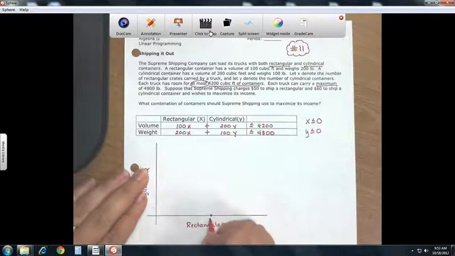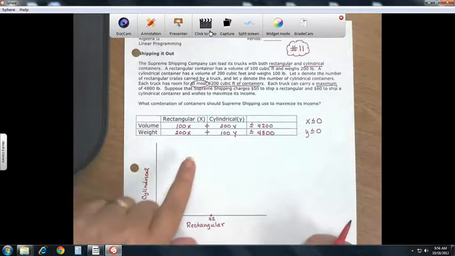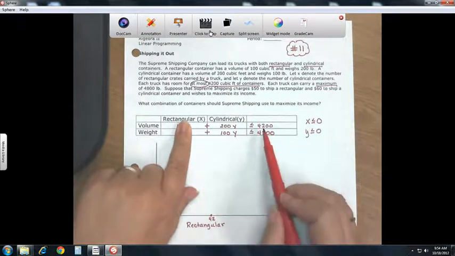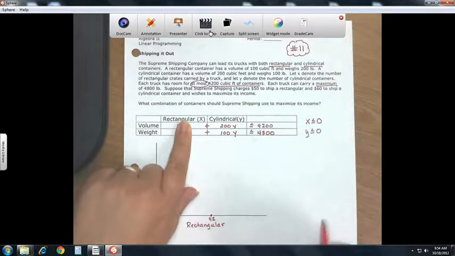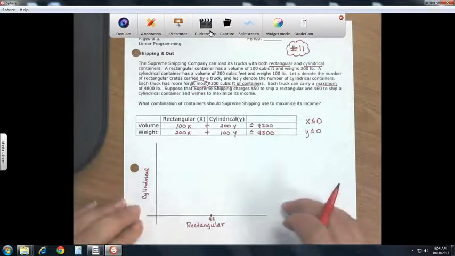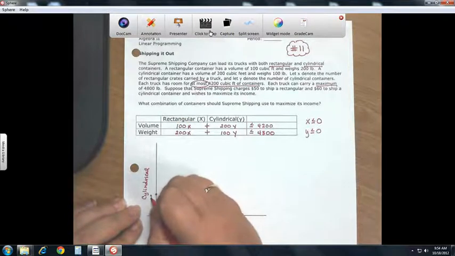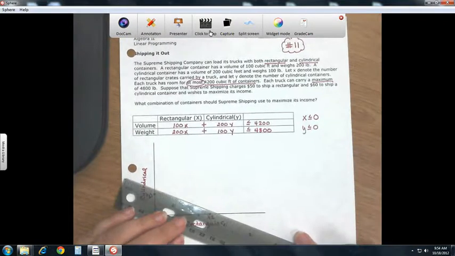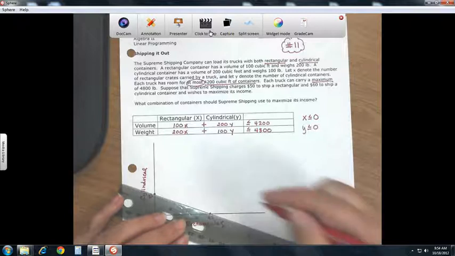Now, to find the y-intercept, I cover up x. 200y equals 4,200. So I'm going to divide 4,200 by 200, and I get 21. Notice I'm not being super accurate here because it really doesn't matter. Okay, this is less than, so I'm going to shade below.